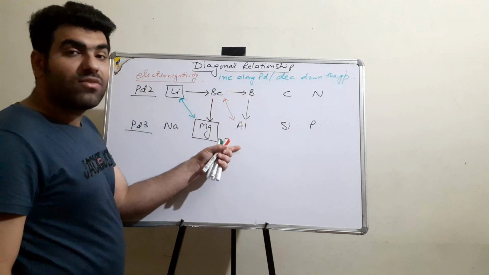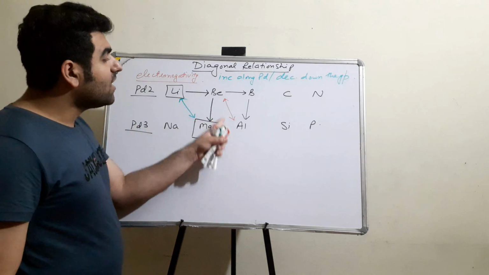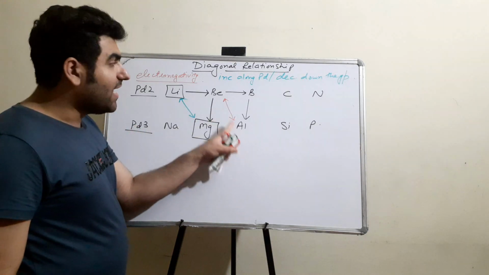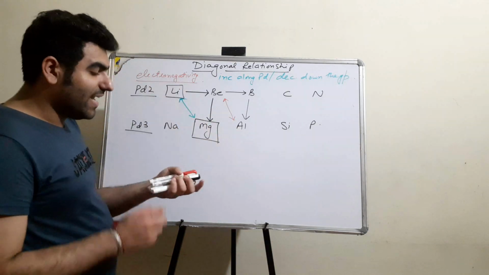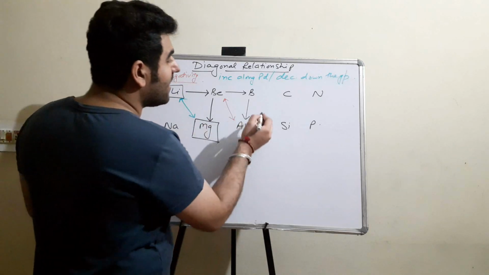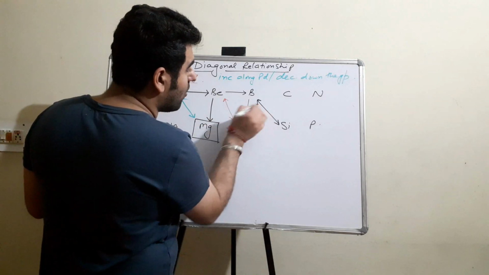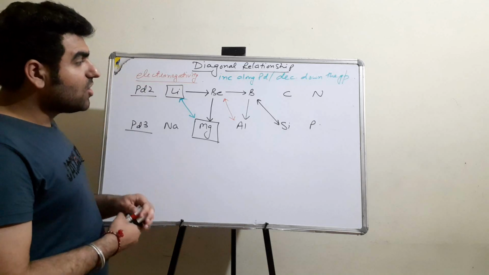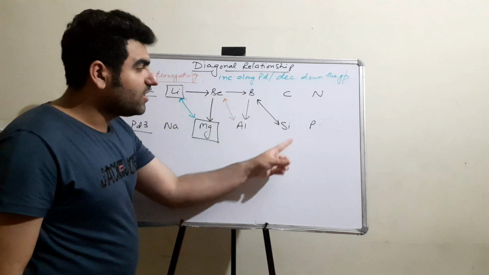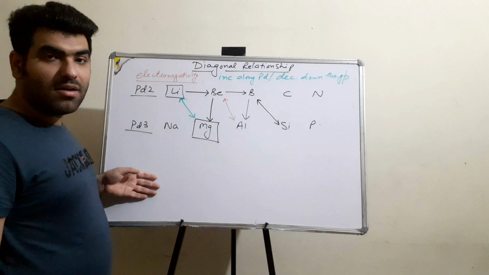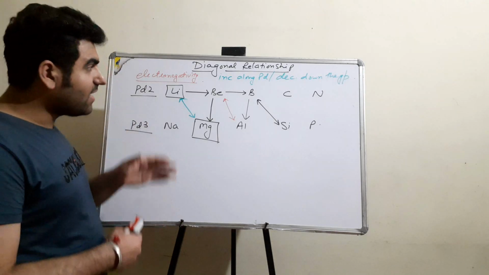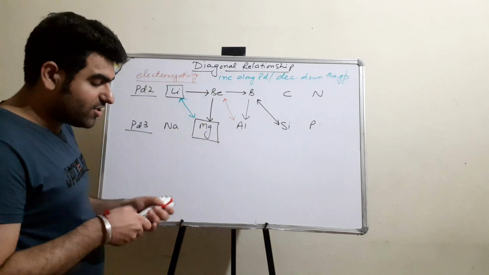So I can say the electronegativity difference is less. So beryllium and aluminium act as a diagonal relationship. Similarly, this can also happen with boron and silicon. Alright. So the elements which are present along the diagonal show some similar properties. So this is the diagonal relationship.